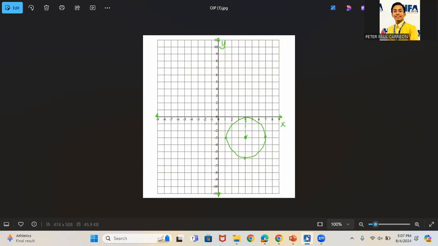So you see, our center is at (4, -3). And then obviously the vertical distance here is r equal to 3 units. Given this condition, we can already conclude that the standard equation of the circle is the quantity x minus 4 squared, so we have to invert the sign, plus the quantity y plus 3 squared is equal to 9.